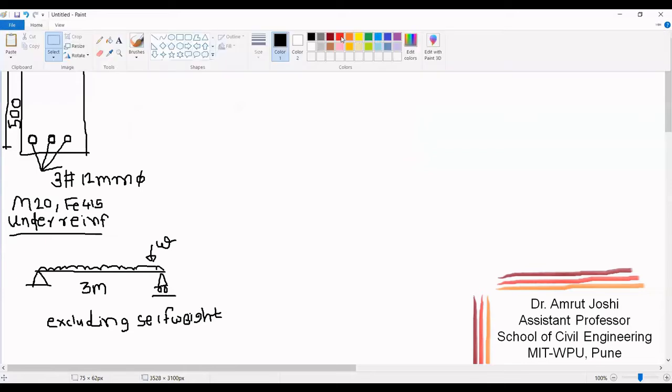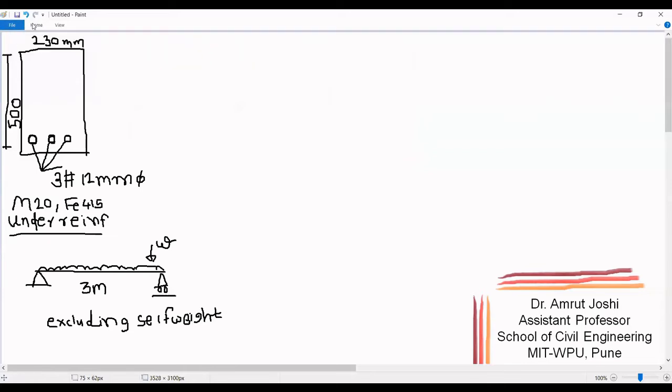So let us go to the solution. First step that I am going to do is, let me assume that this beam is under reinforced. I will begin by assuming that the beam is under reinforced.